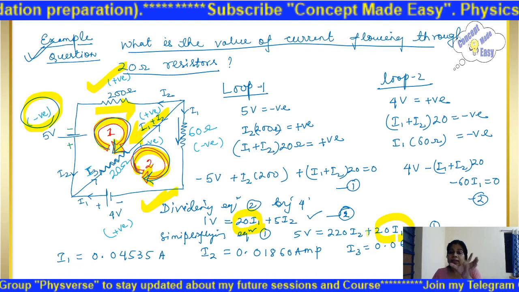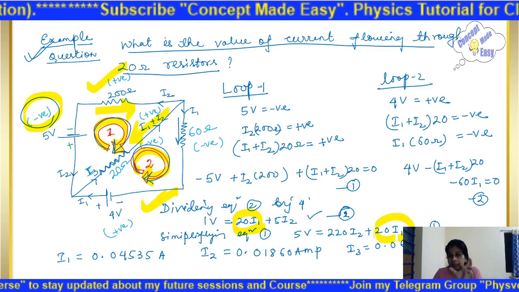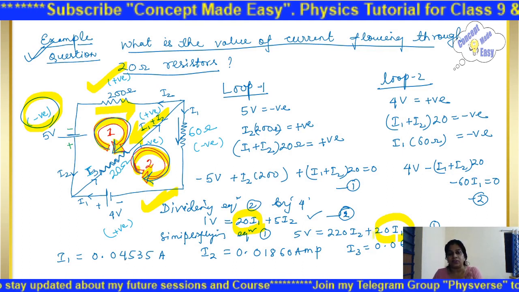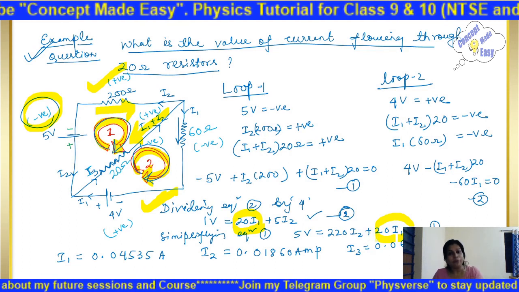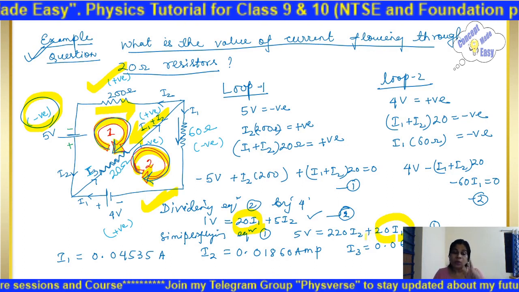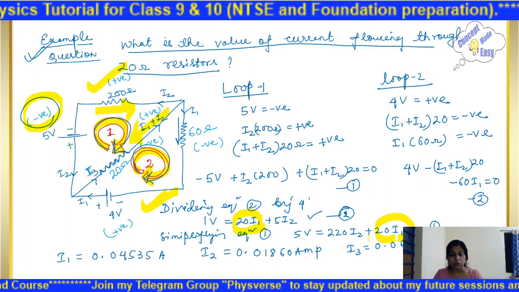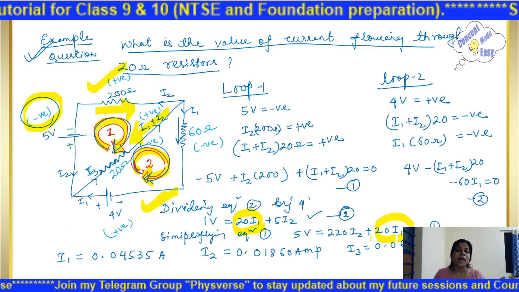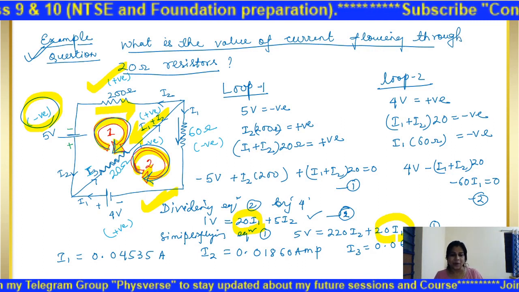In this way you get the I1 term common in both the equations. So you can subtract equation 2 from equation 1 to get the I2 value individually. Once you have the I2 value, you can put it in to get the I1 value. So I1 plus I2 is now I3. I think this is clear now.